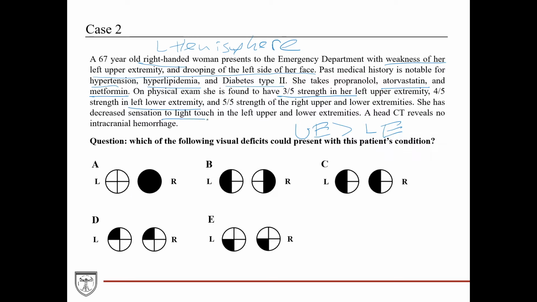She has decreased sensation to light touch in the left upper and lower extremities. So again, she's got weakness on the left side, and then she's got numbness on the left side. Again, kind of pointing towards a stroke.